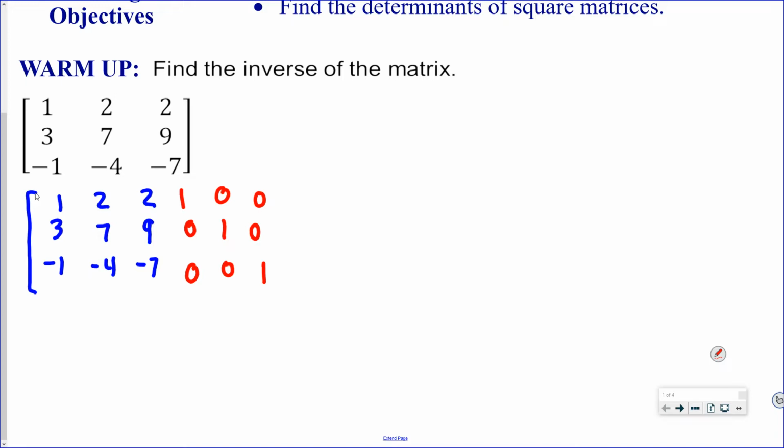And we put this in the same set of brackets with my other matrix separated by dots. Okay, that's how we set it up. And then we do row operations until we can get the left-hand side to be the identity matrix.